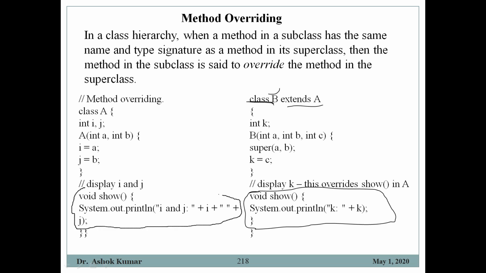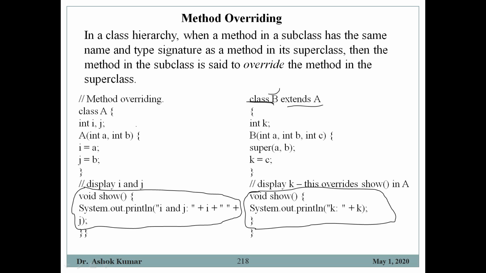So in Java, if we write a method in the subclass whose name and the type of the arguments is the same as that of the superclass method, then that is called method overriding. So method overriding is a concept where we will have a method in the subclass, and that method will have the same signature.